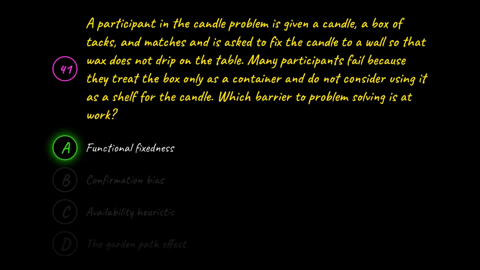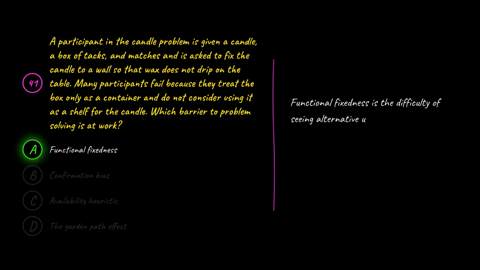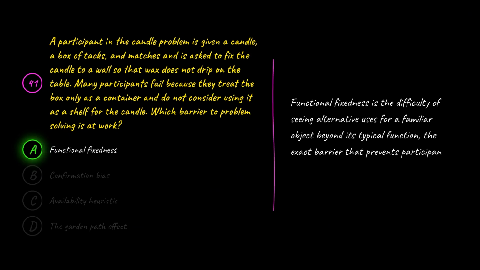The correct answer is A. Functional fixedness. That is correct because functional fixedness is the difficulty of seeing alternative uses for a familiar object beyond its typical function, the exact barrier that prevents participants from repurposing the box as a shelf in Duncker's candle problem.